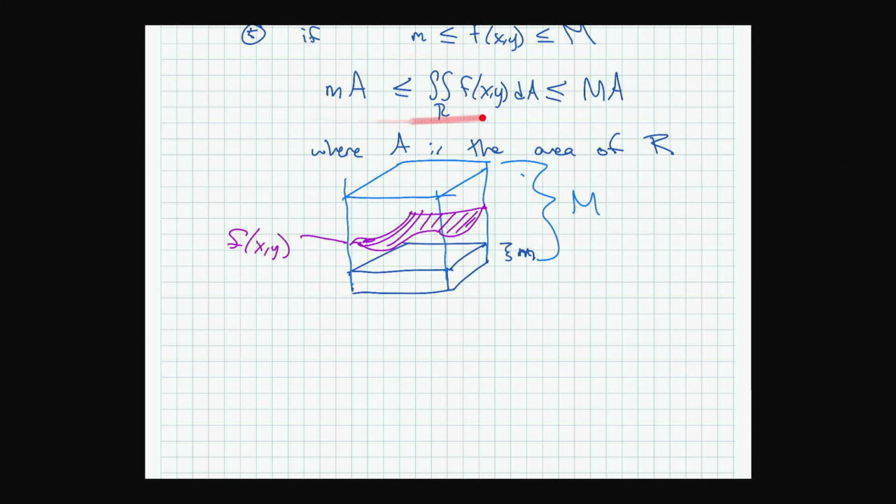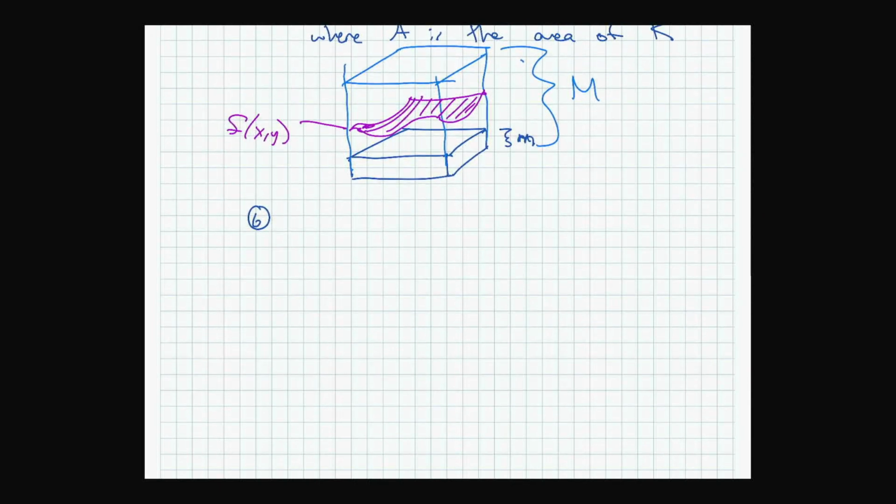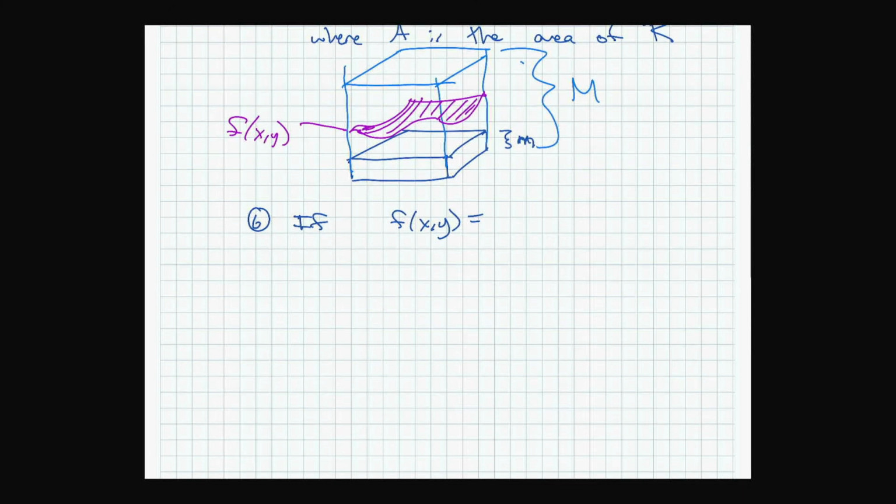Okay, and that's what's going on with that theorem. Our last property is this: suppose f of x, y is in two parts. There's a part that just has x's in it, and a part that just has y's in it. I'll show you an example of this.